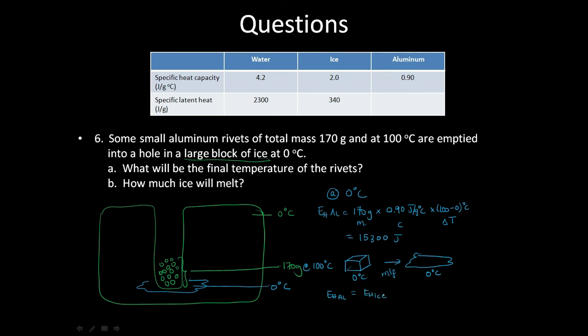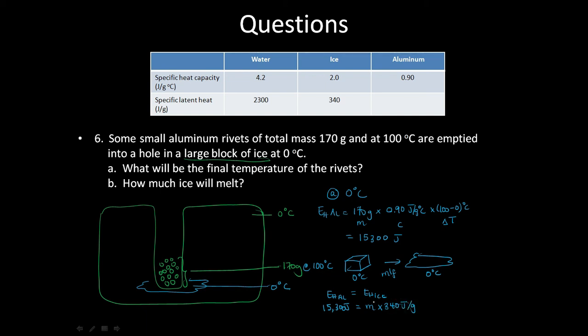Since we already worked out aluminum, we say 15,000 joules of heat was lost by the aluminum and gained by the ice. And we want to know how much ice melted. So we have m times the latent heat of fusion, because we went from ice to icy water at the same temperature. So we're going to use 340 joules per gram.